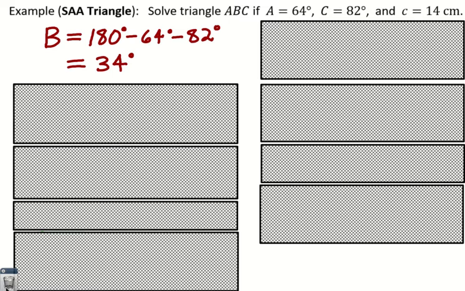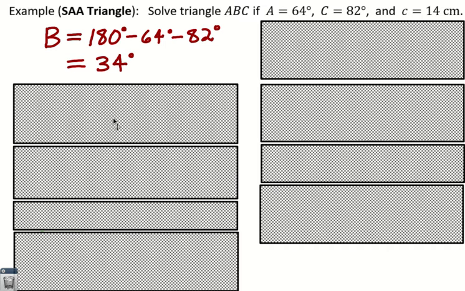Don't forget, it may have been a while, but you probably remember that there's a total of 180 degrees in a triangle. So if there's 180 degrees total, you can just subtract 64 and 82 from the 180 and get 34 degrees. So angle B must be 34 degrees. And now we can go after the two missing sides, side A and side B.